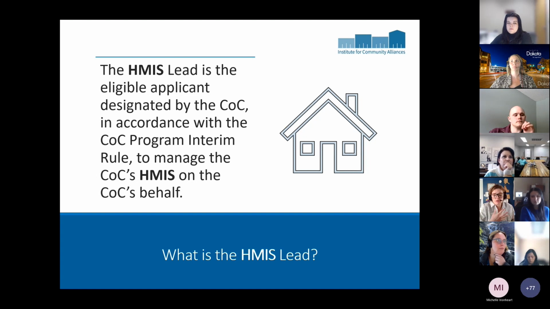We develop the HMIS local policies for the COC. All of that has to be approved by the executive committee and then the COC membership in North Dakota. But we work on developing those, keeping them up to date according to what HUD says we have to have in them.